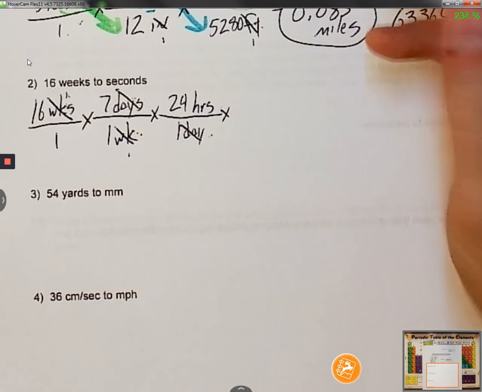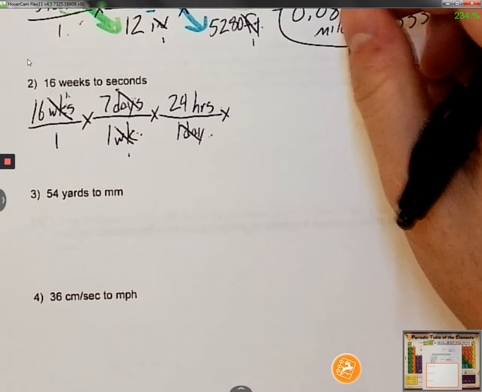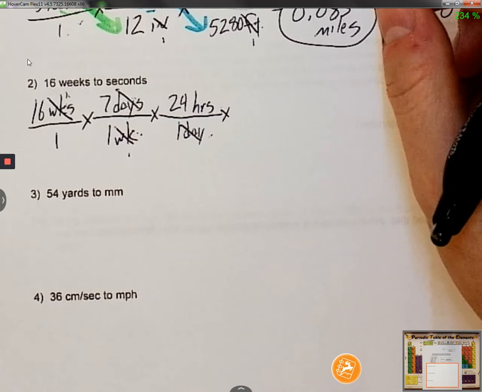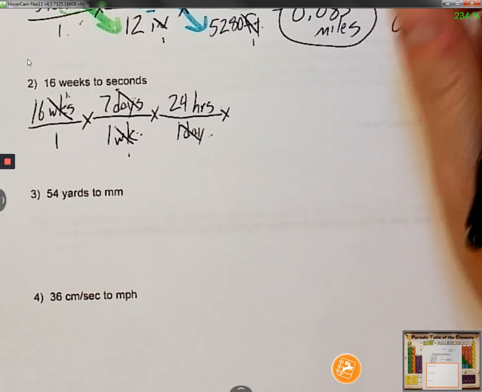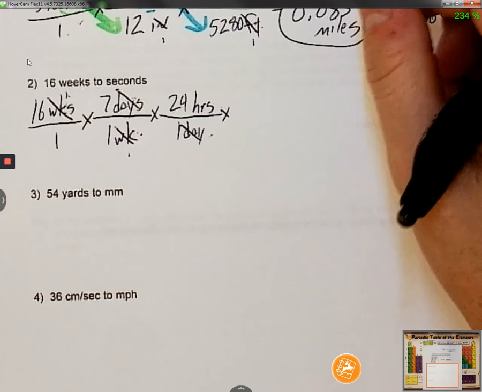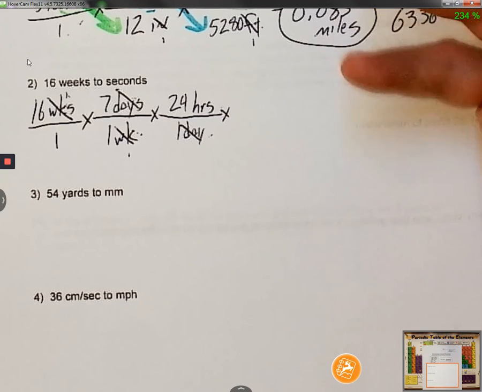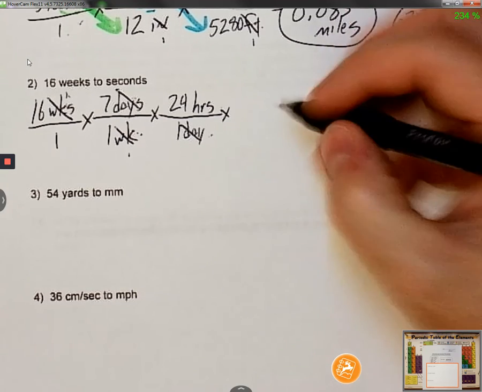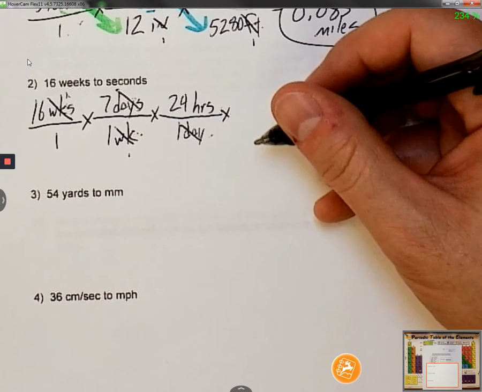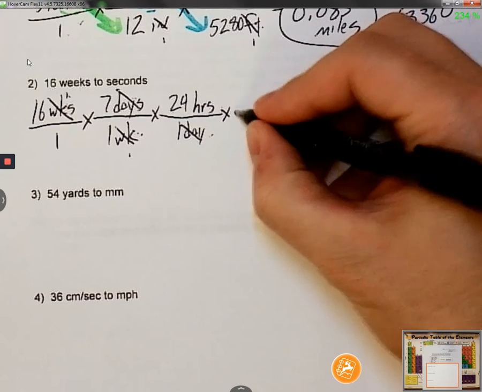Does anyone happen to know how many seconds are in an hour? 60. No, and no, and no. Okay? Now, if you don't know how many seconds are in an hour, what do you know? You know it's got 60 minutes, right? Okay. So, if you don't happen to know that there's 3,600 seconds in an hour, then you can just go from hours.